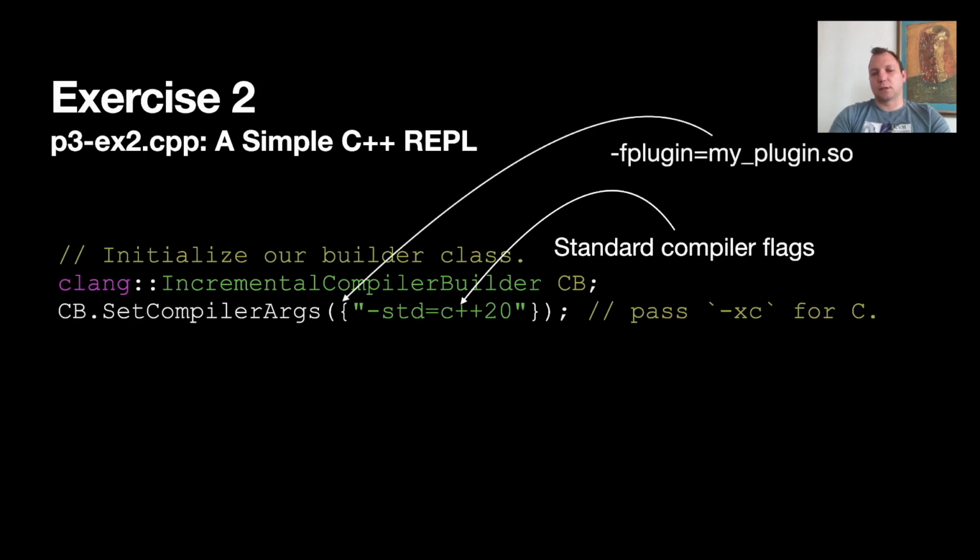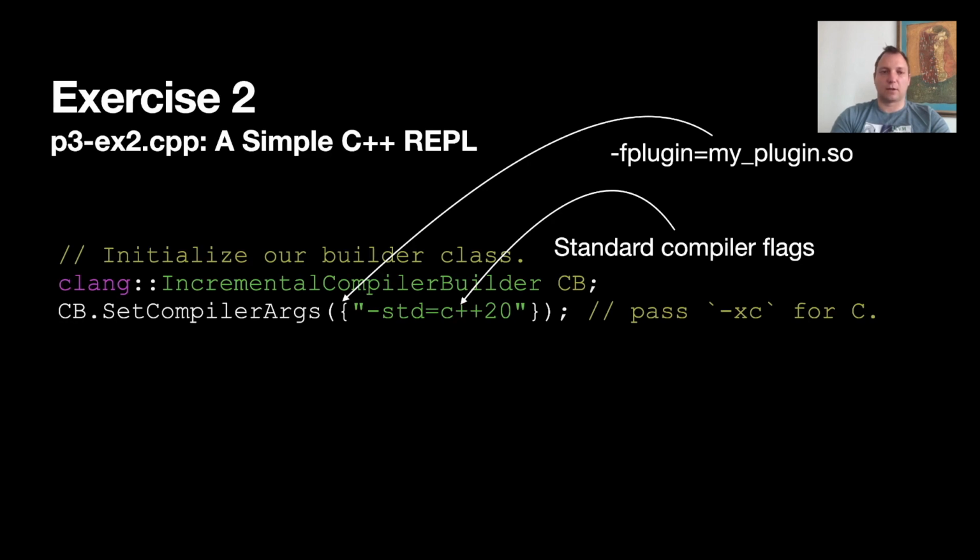Another very interesting thing is the -fplugin option to Clang. The -fplugin option and Clang plugins are facilities that can be loaded dynamically by Clang. In principle, you could build your own extension that's very tailored to your particular use case or code base and attach it to your incremental compiler.